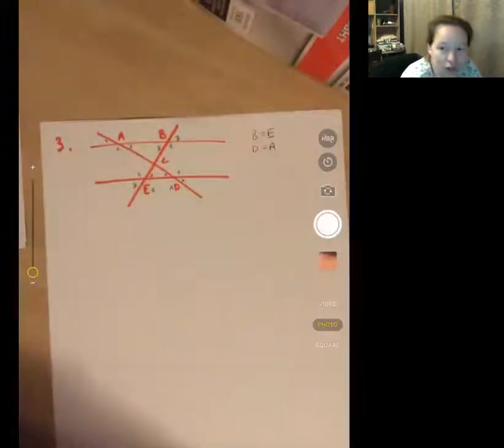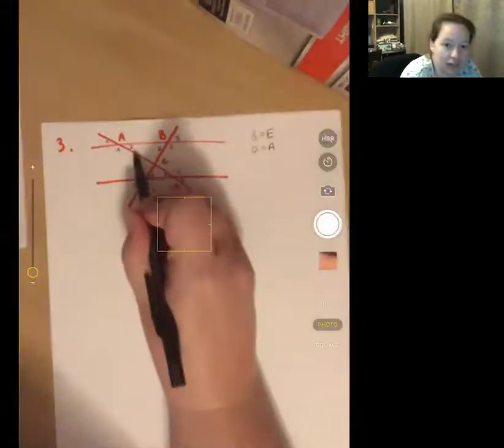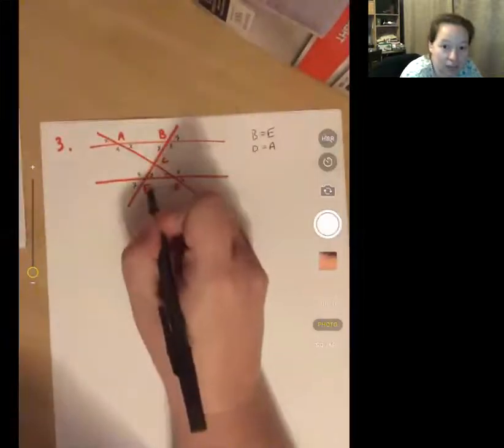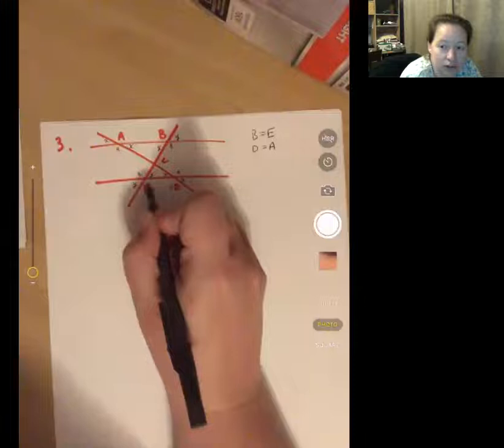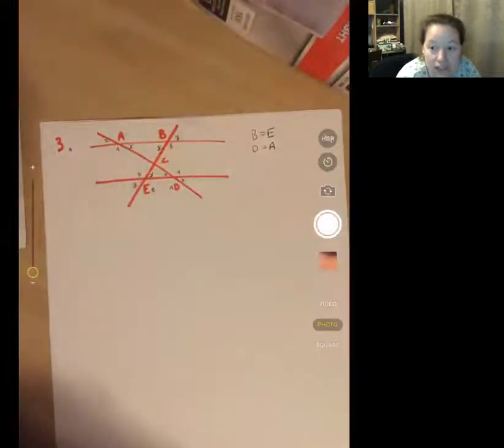So far, I have two angles which are the same. If those two angles are the same, see the two angles? I have X and Y here, and I have X and Y here. I have two angles that are the same in each of the triangles. If I have two angles that are the same in each of the triangles, then that means that those triangles are similar to each other.